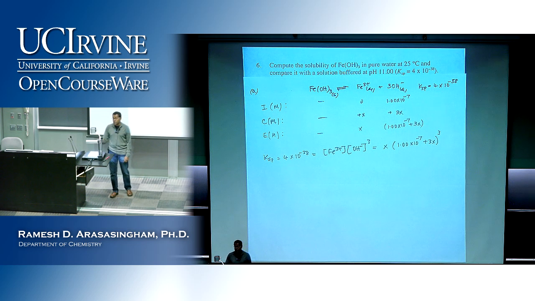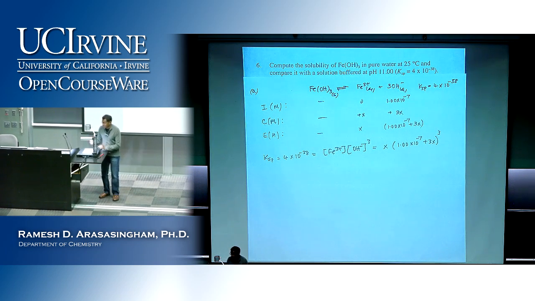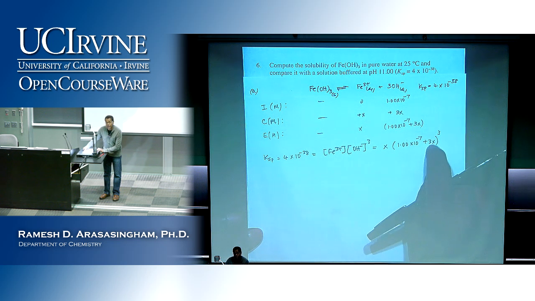All right? So you can see that I need to make an approximation. Usually we consider x to be small. Now here, this is an example where x is not small. This x is going to be really small compared to this number. Do you see that? Usually, we always took that approximation.